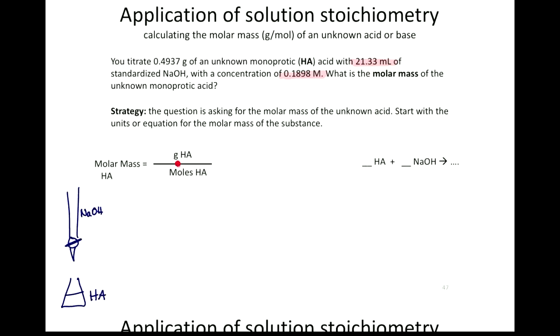So the idea here is this question's asking for molar mass of the acid. So molar mass is equal to the gram amount of the acid divided by the moles of acid that's present. I already know the numerator, right? The question tells me the gram amount of the acid that's present. I just need to figure out the mole amount of acid.